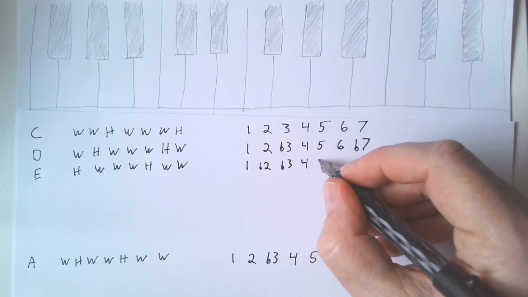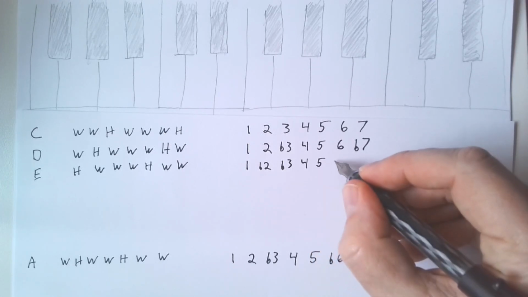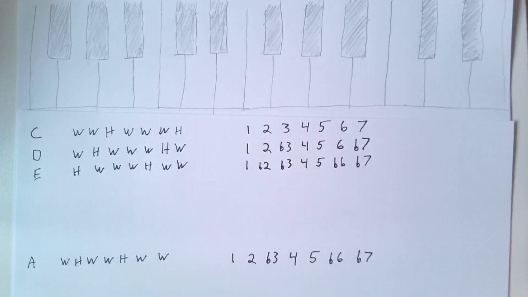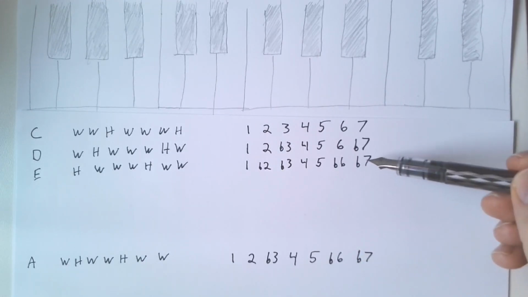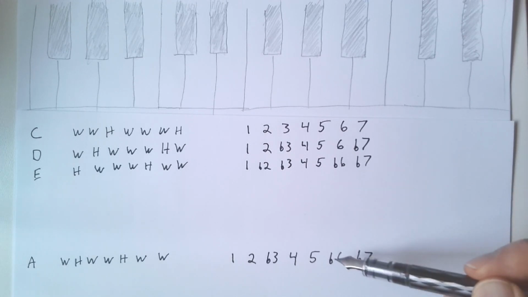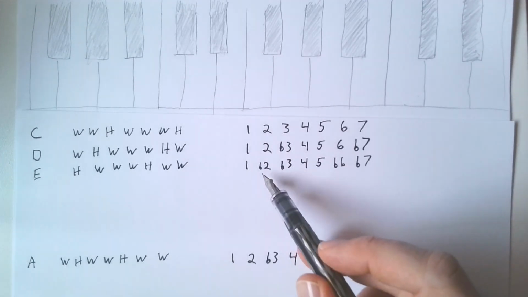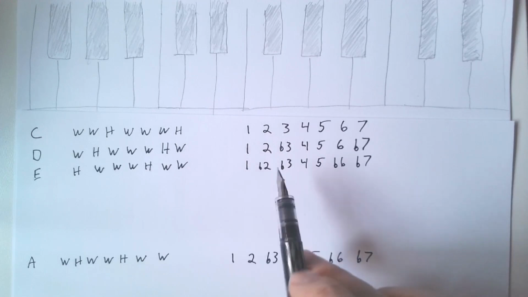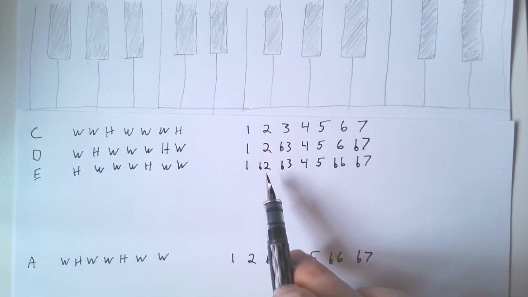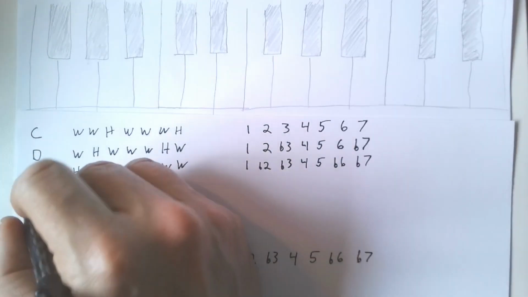Then the 5. Then the flat 6. And then the flat 7. The only difference between this and the natural minor is that it's got the flat 2. It has the flat 7, flat 6, just like that. So this one is going to sound a lot like the natural minor, but it has an additional flat 2 in it. Okay?